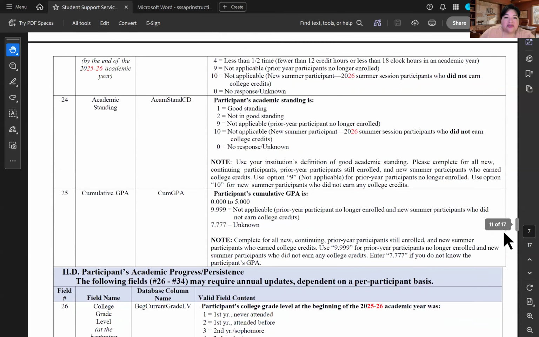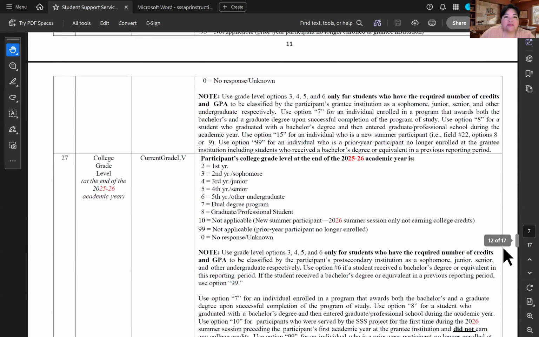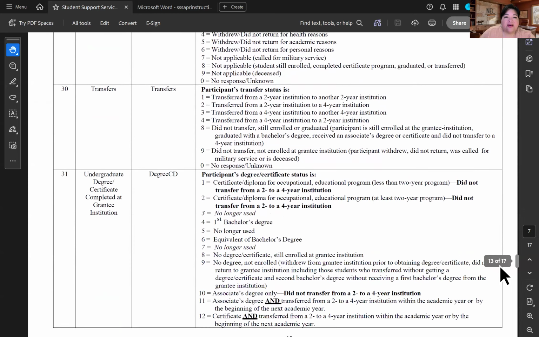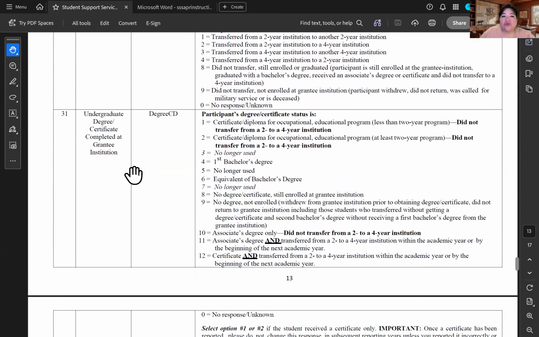So let's go to the fields that would be in play there. Okay, so the question is 31. Undergraduate degree certificate completed at the grantee institution. You say they've completed all the requirements. Okay.